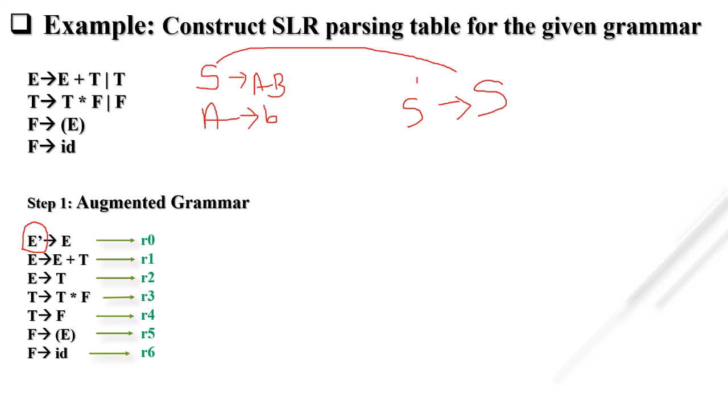Okay, if my starting state is capital A, then what is the augmented grammar? A dash tends to A. You can introduce it with the same non-terminal, or you can take another non-terminal here. There is no problem. Okay, so it is very simple. And then we have to separate all the productions on the right hand side.